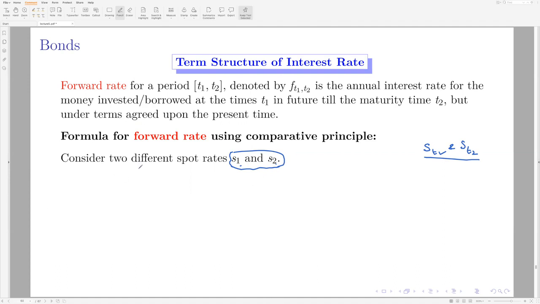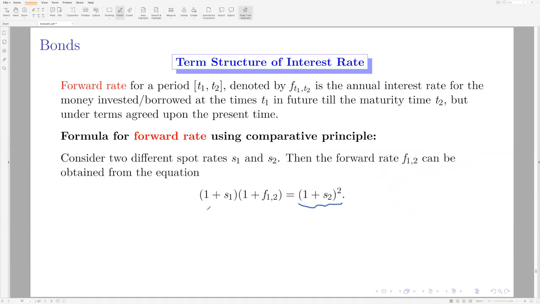Suppose you have two different spot rates, that is, from the zero coupon bond point of view, you have a zero coupon bond for which the spot rate for a 1 year period is given and the spot rate for a 2 year period is given, that is, the yield for 1 year is given and the yield for 2 years is given. Now the comparative principle says that using this information, you can obtain a forward rate using this equation.